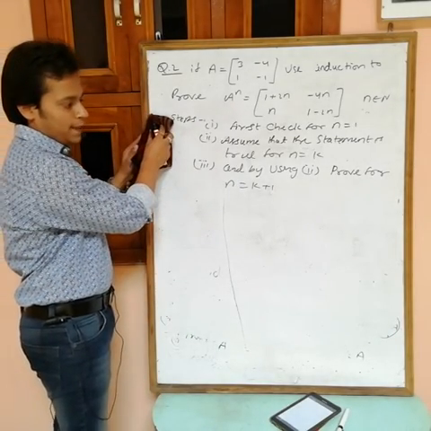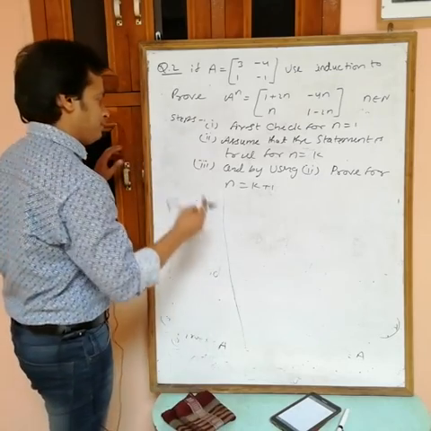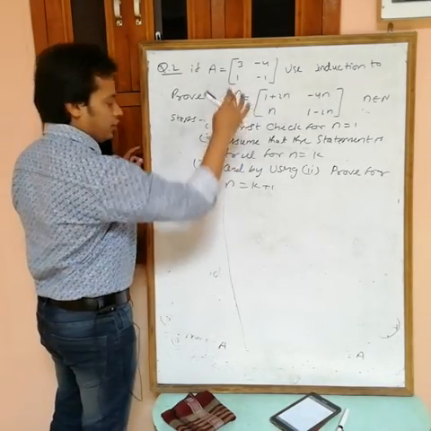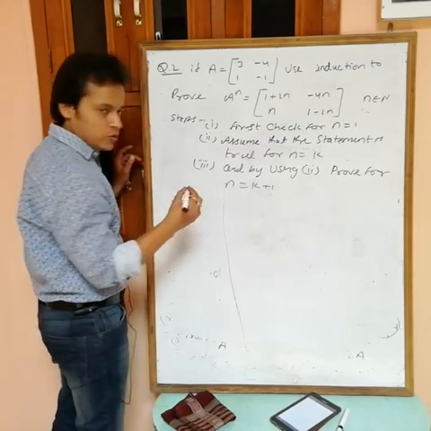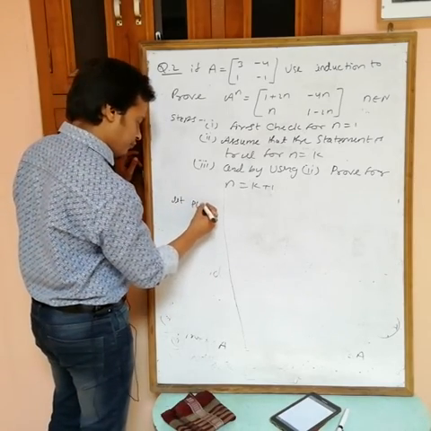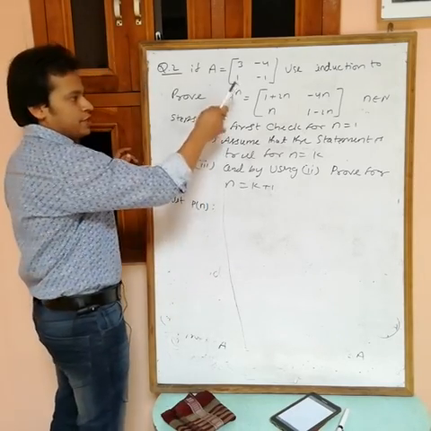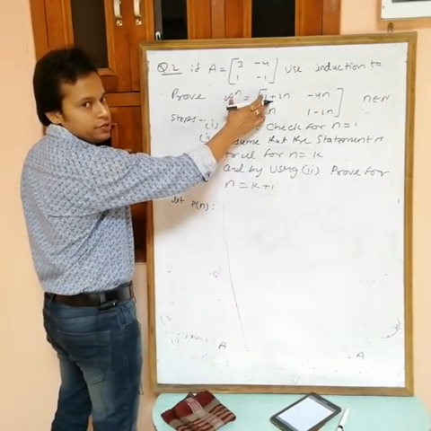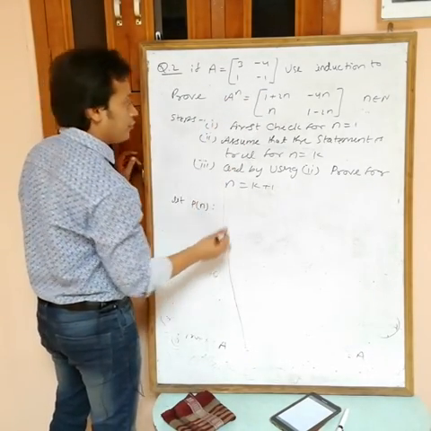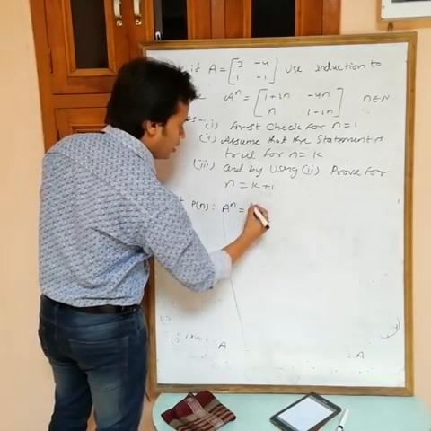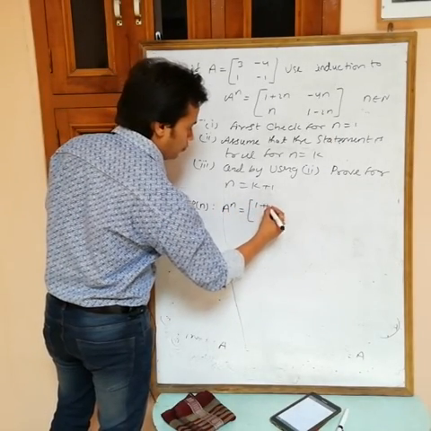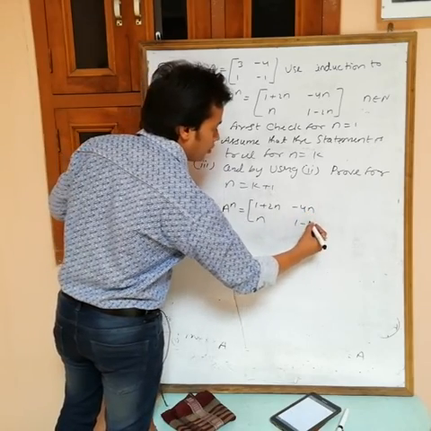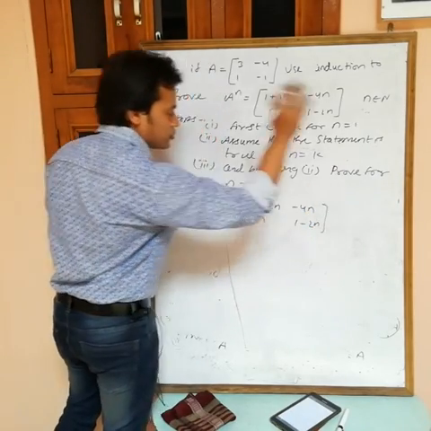Okay, see, I am writing here. First, what we have to do? First I am assuming this one as statement Pn, okay, Pn: A power n is equal to [1+2n, -4n; n, 1-2n], where n belongs to natural numbers.